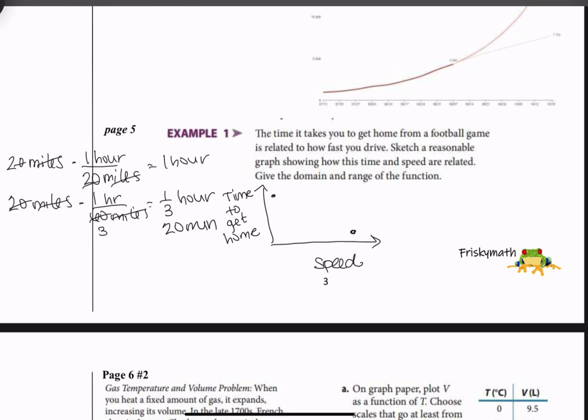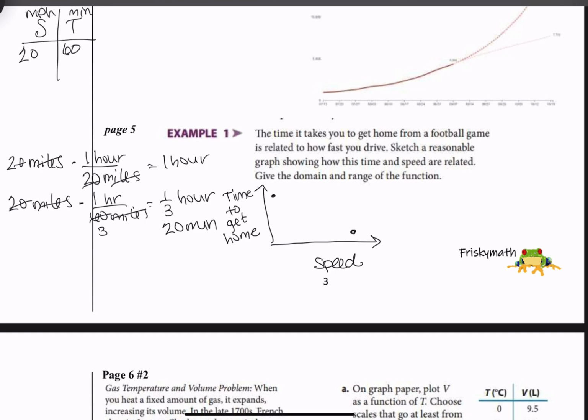I'm going to actually make an input-output table to help me understand if there's a constant rate of change here. So inputs are speed in miles per hour, and outputs is time. And how about I'll do that in minutes? I think that should work. So when I'm going 20 miles per hour, it takes me 60 minutes. Let's do something in between 20 miles per hour and 60 miles per hour.